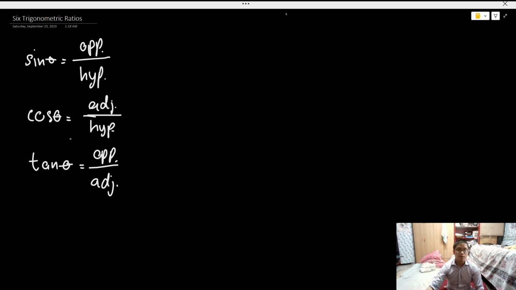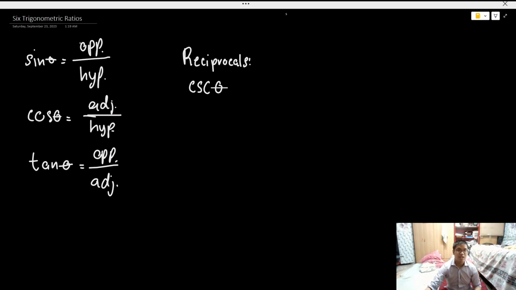Anyways, what we're going to do here is find the other three trigonometric ratios. The other three are basically the reciprocals of each basic trigonometric ratio. For sine theta, we have a reciprocal, which is the cosecant theta or CSC theta.